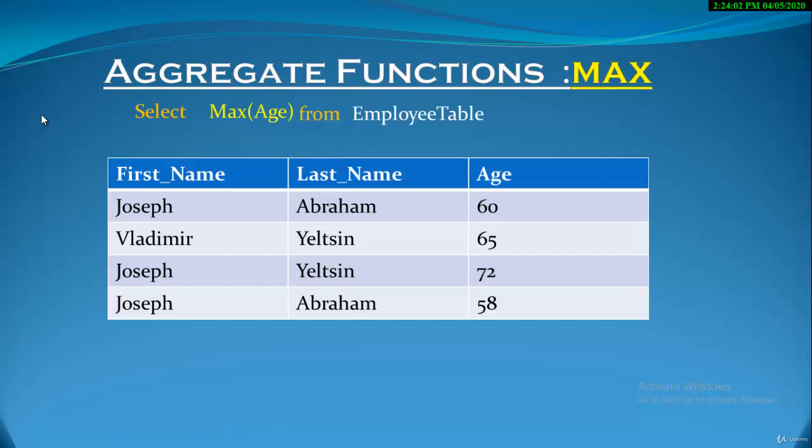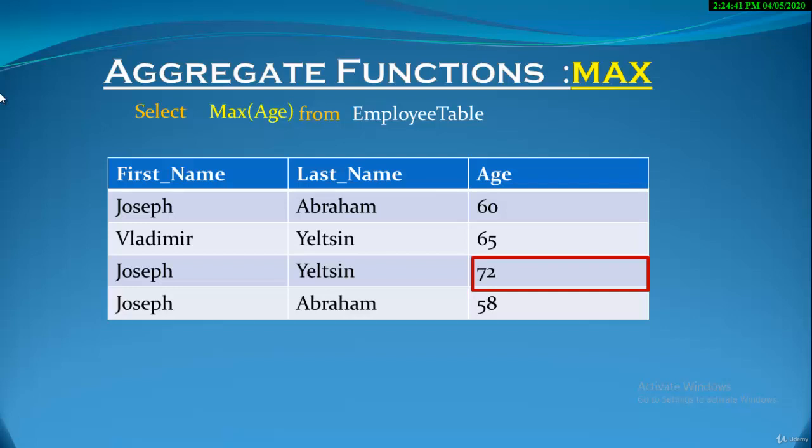The query will be like this: select max, bracket, name of column, from table name. Upon execution of this query, SQL Server will find the maximum value of column age and will display it to you. For this example that you are currently watching on your screen, the maximum value is 72.